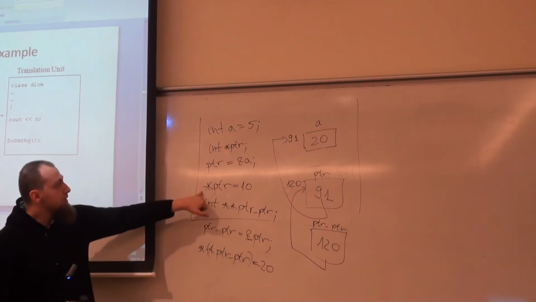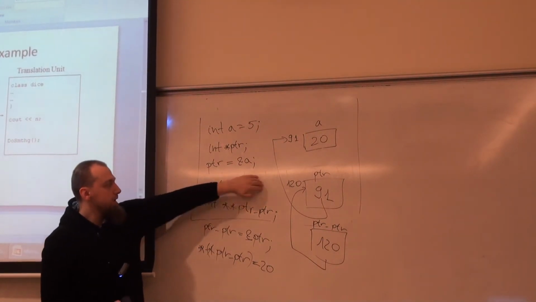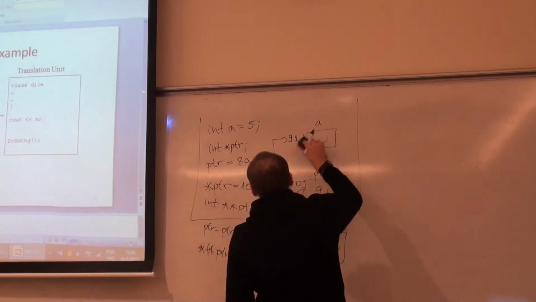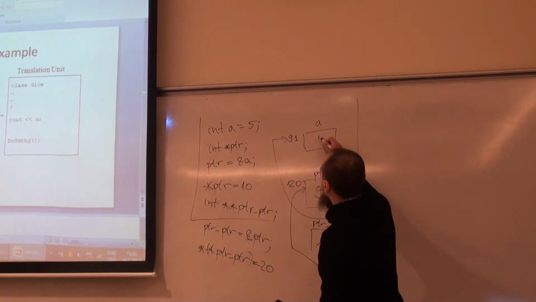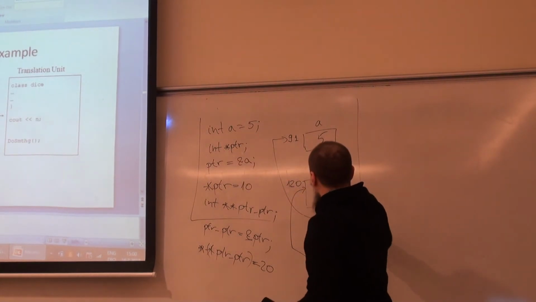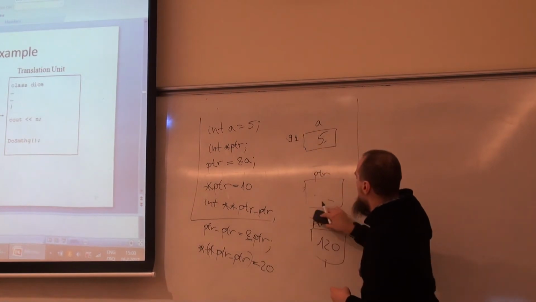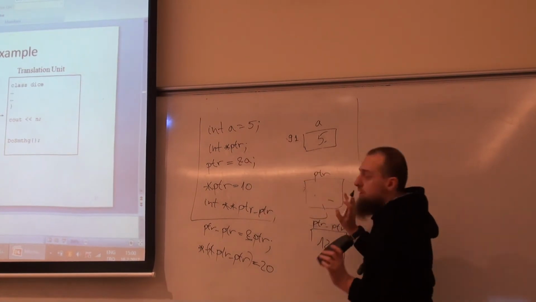Okay. So up until here it's okay. Let's go like this. We have A is 5. The address of A is 91. We define a new pointer. It has no value. So ptr, no value inside.